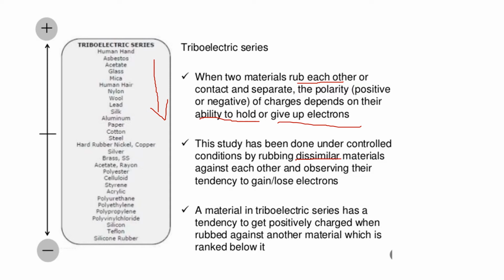A material in the triboelectric series has a tendency to get positively charged when rubbed against another material which is ranked below it, as you can see here. I have shown it here.